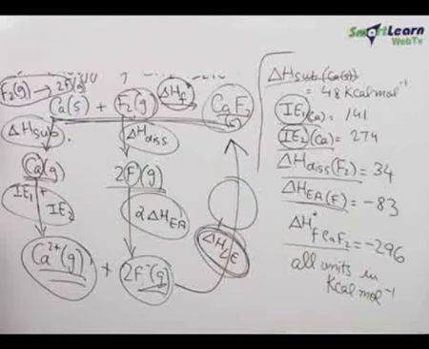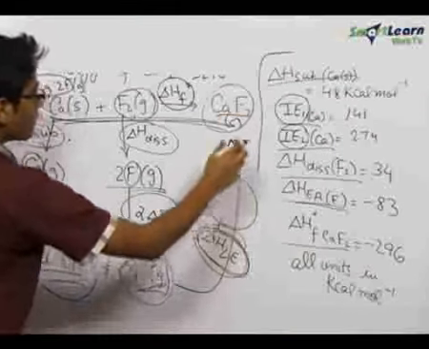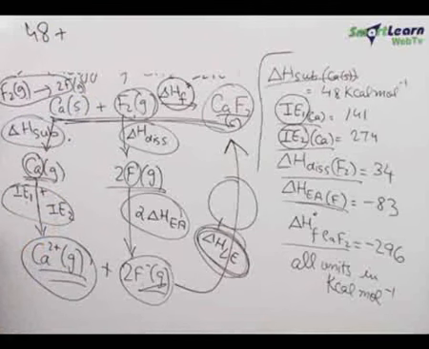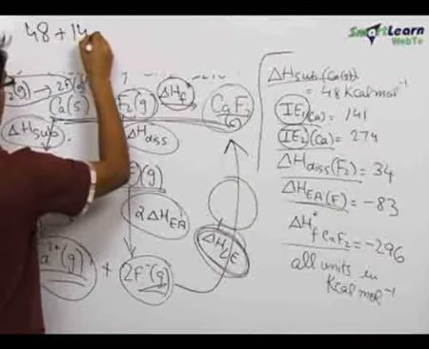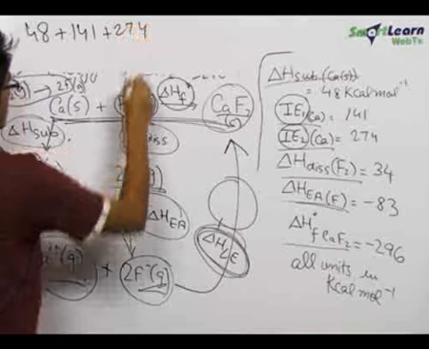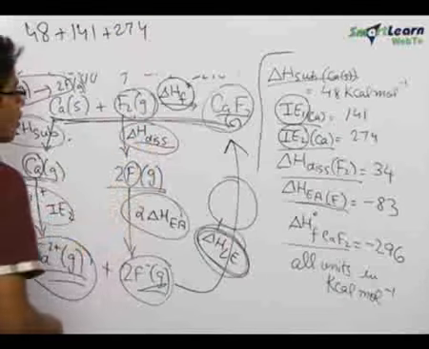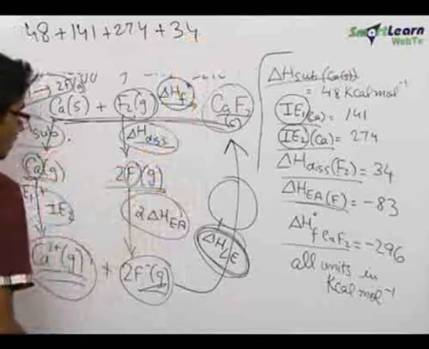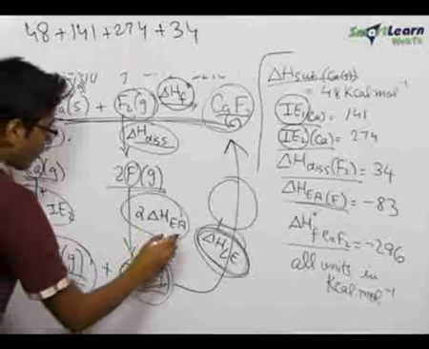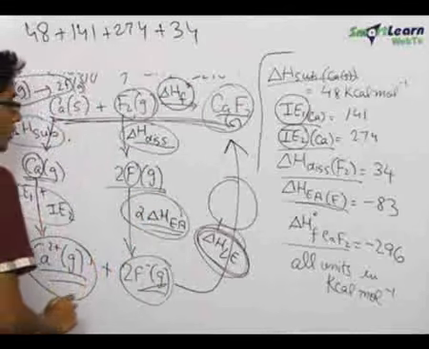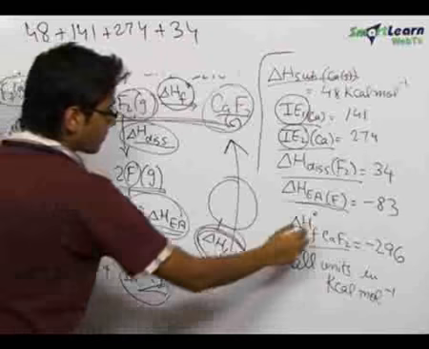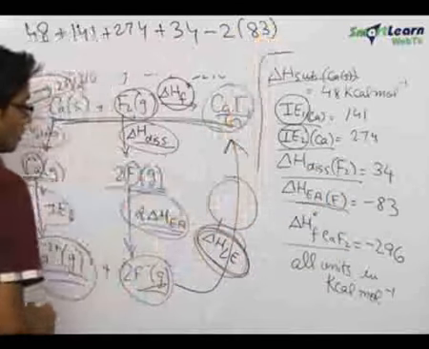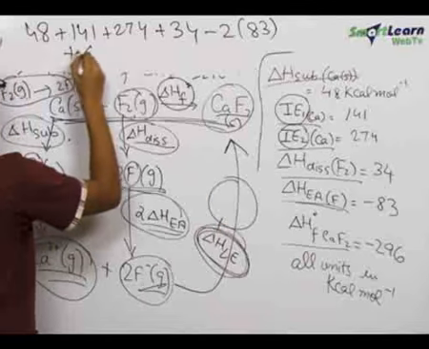So delta H sublimation is equal to 48, plus the first ionization energy plus the second ionization energy, which is 141 plus 274, plus delta H dissociation of fluorine gas, which is equal to 34, plus 2 times the enthalpy of electron affinity of fluorine, which is minus 2 into 83, plus the lattice energy.